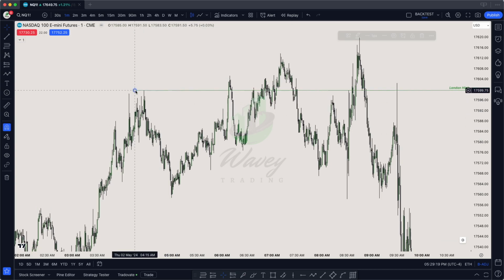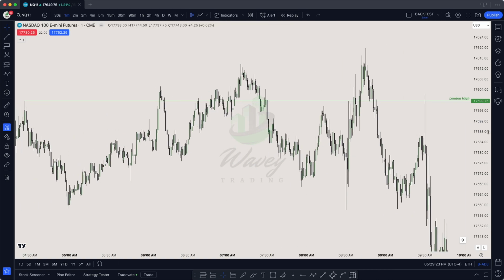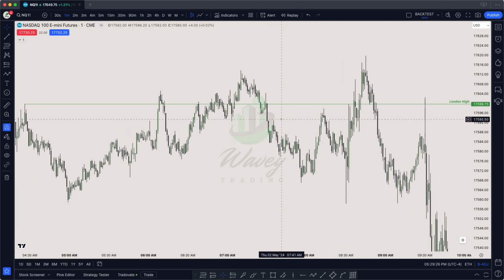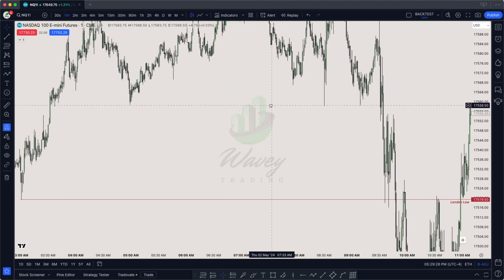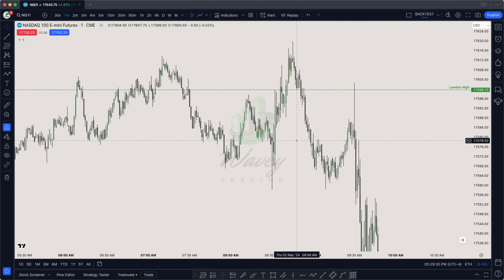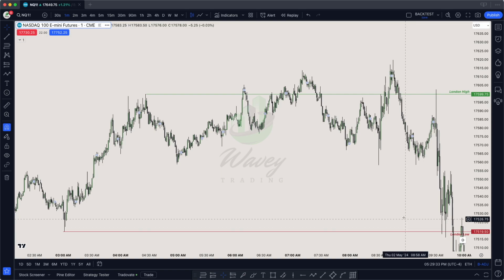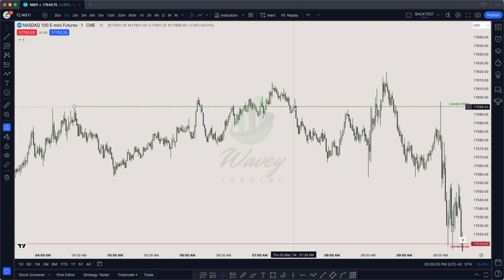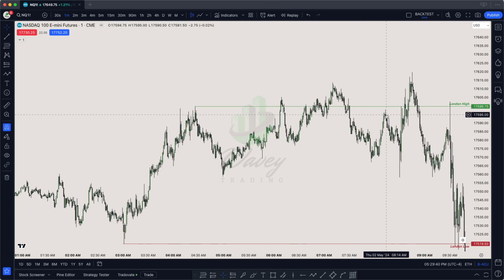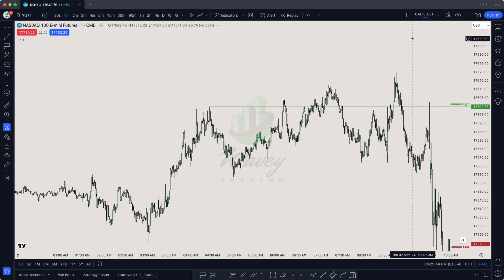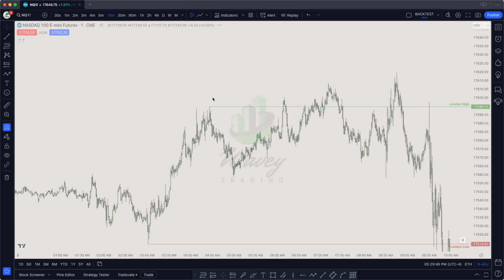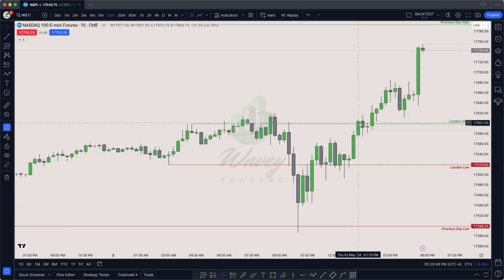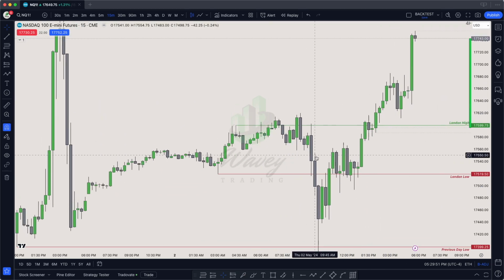But since I knew that this liquidity pool, this high, was taken out, I had some sense that price was going to go down, maybe until the next liquidity, right? But it's not going to go to the next liquidity right away, so I waited for a setup. I shorted it around right here, and it went into this fair value gap. It gave me something to look at, and it helped me understand where the price is going.